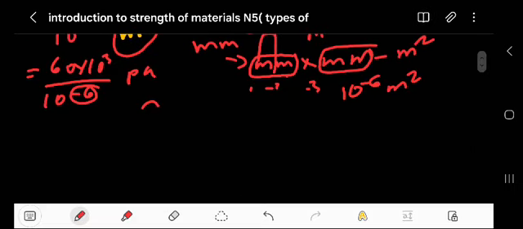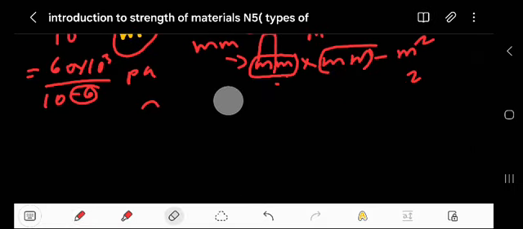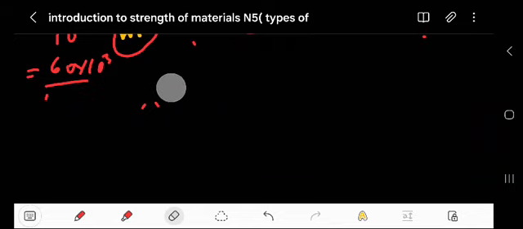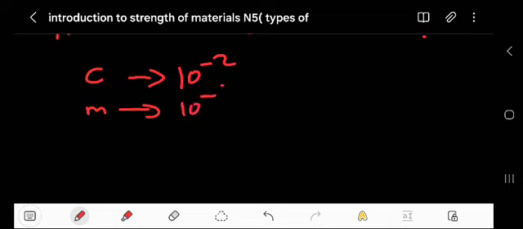You must do your preview on things like centimeter. On things like C, what does C represent? C, which is times 10 to the minus 2 meter. You know, this is centimeter. C is centi. This is times 10 to the minus 3.